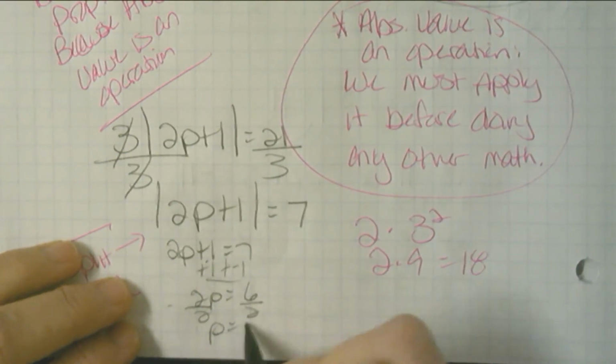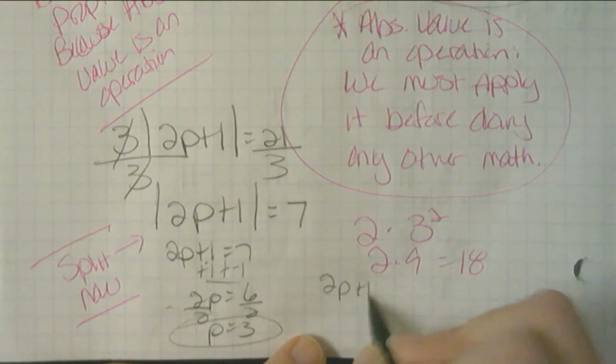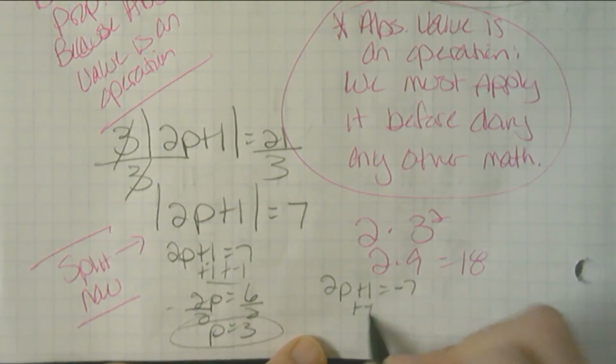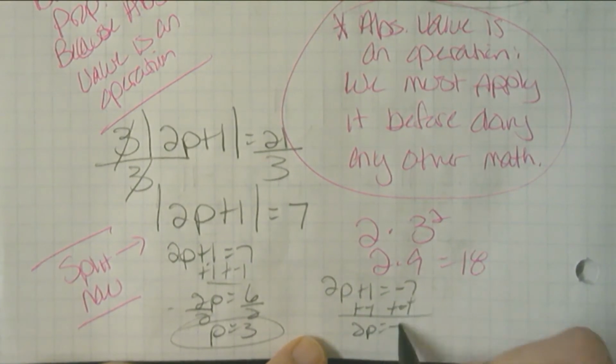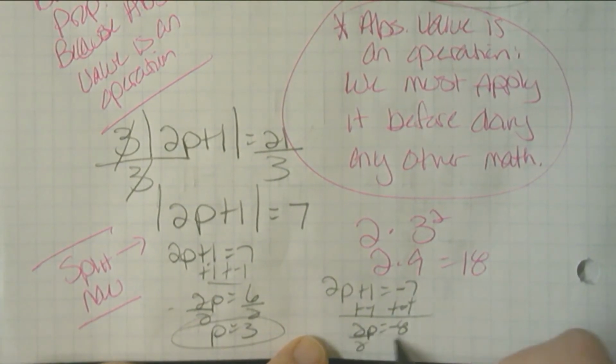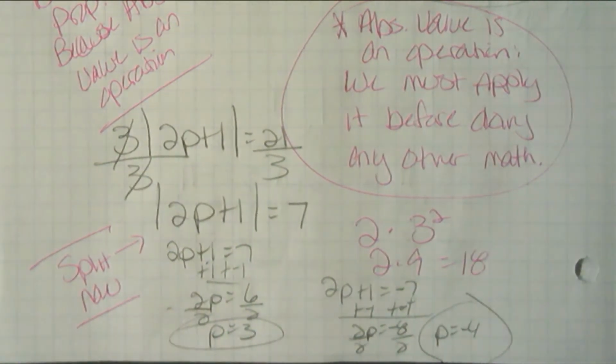So p is equal to 3. So that's one of them. And the other one was 2p plus 1 equals negative 7. So Peter, I ended up getting p is equal to negative 4 on the other one. So I have p equals 3 or negative 4.